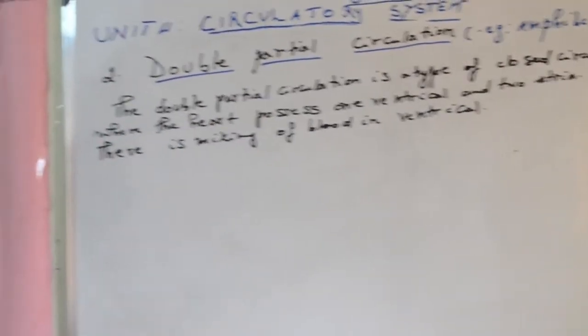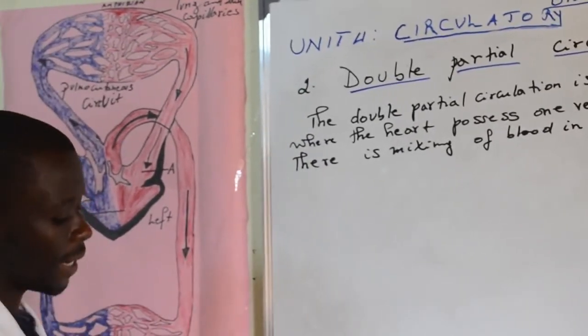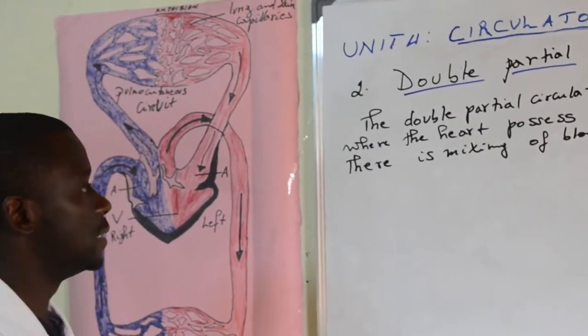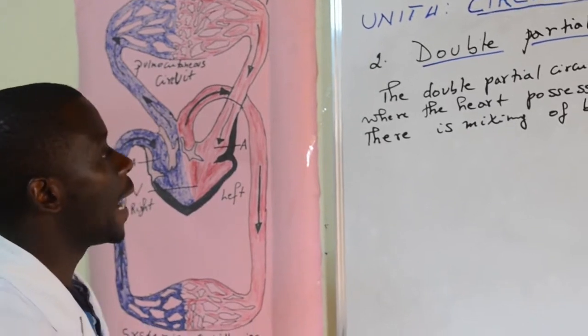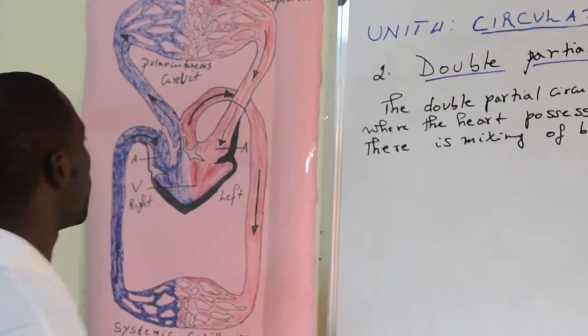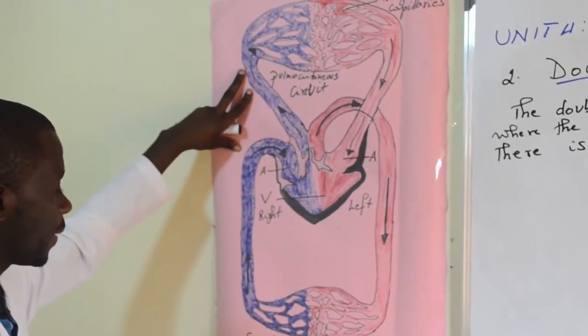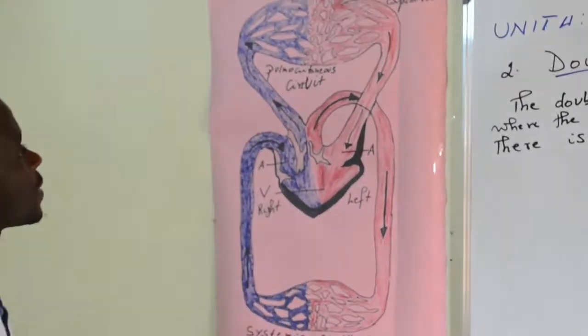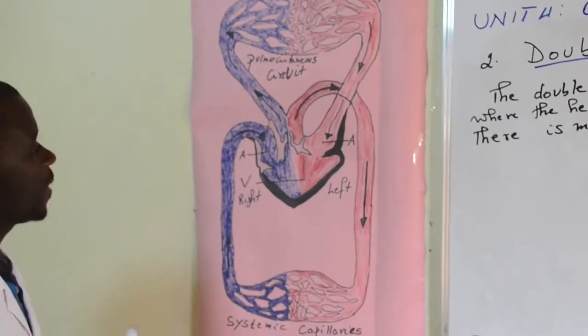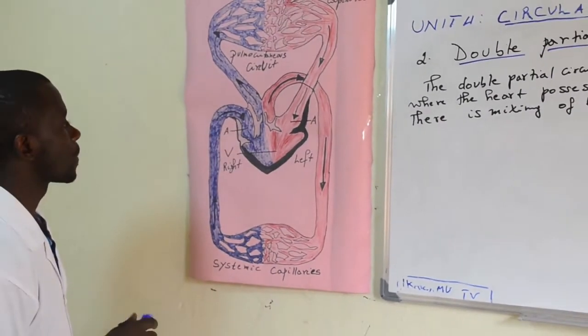When we say mixing of blood in the ventricle, we are referring to oxygenated blood and venous blood. So how does it work? We are going to see this by using this diagram here. You can see that it's of course of the amphibian.